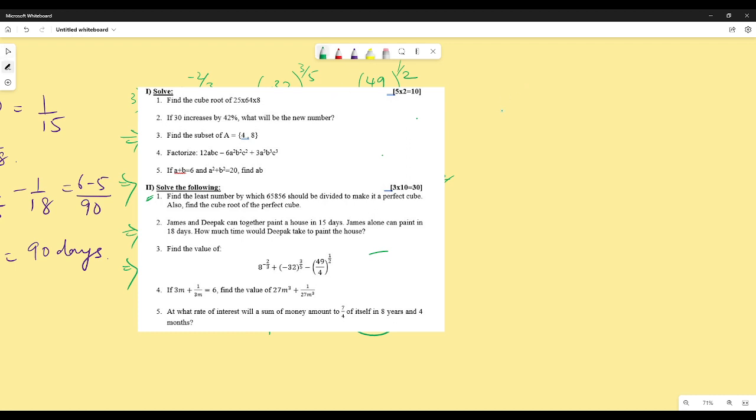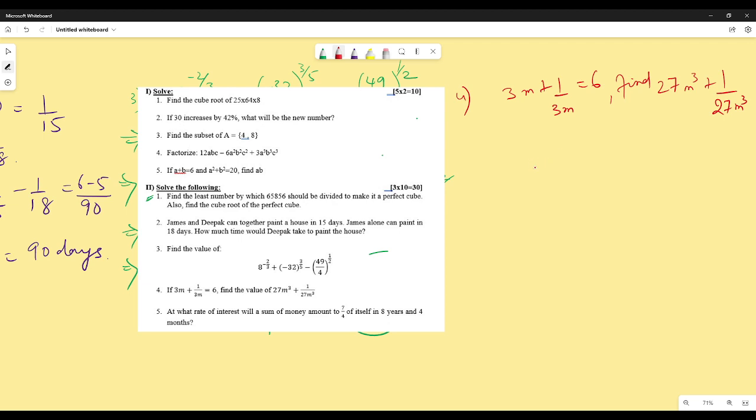It says 3m plus 1 by 3m equals 6, and you are asked to find 27m cube plus 1 by 27m cube. What will be the value of 27m cube plus 1 by 27m cube?